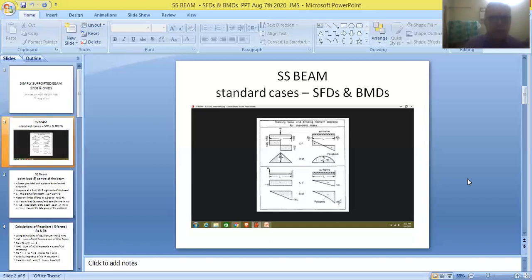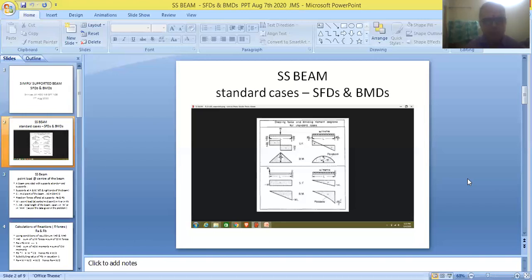So, by doing so, RB into small l can be made equivalent to capital W into L by 2. The moment obtained by RB is acting in the anti-clockwise direction, and the moment obtained by capital W is acting in the clockwise direction.